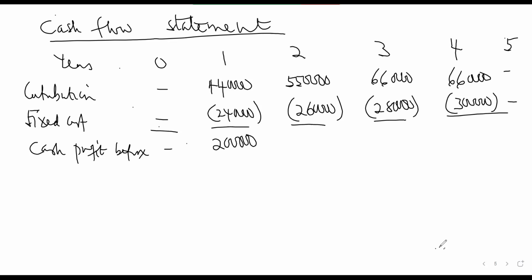What are we having? 290,000. Year 3 will be what? 380. Okay, this will be 360.